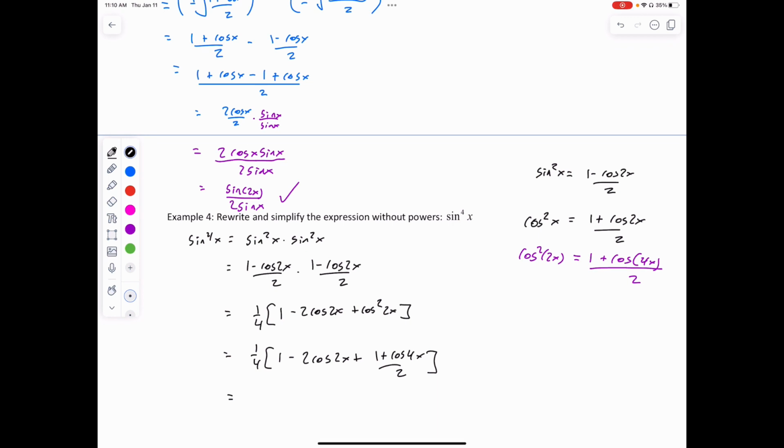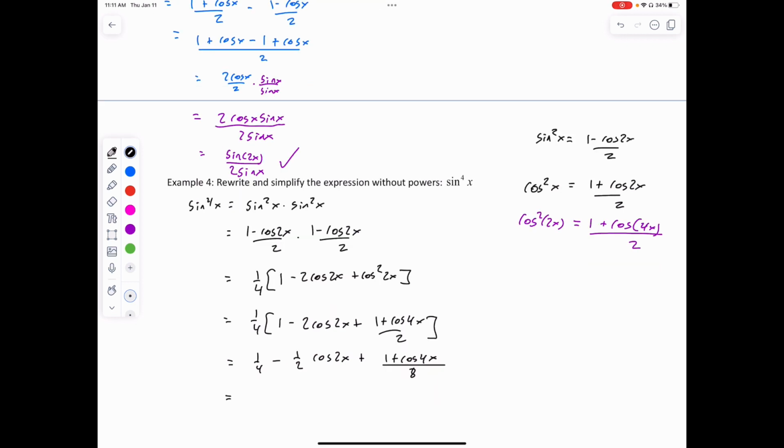And for good measure, for simplification, we can multiply this 1/4 out. And so I get 1/4 minus 1/2 cosine of 2x plus 1 plus cosine of 4x all over 8. And if you really wanted to simplify fully, we can now write this fraction as 1/8 plus cosine of 4x over 8.